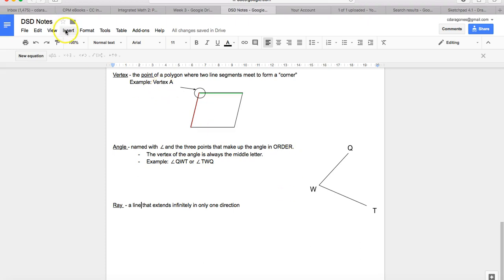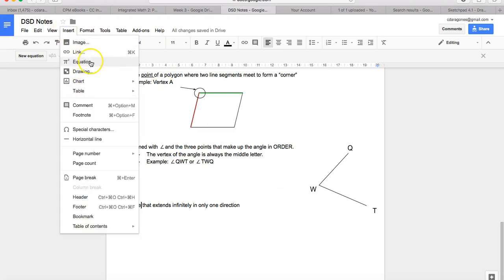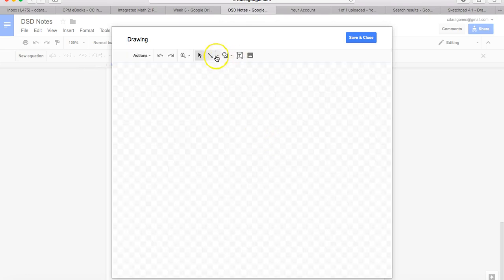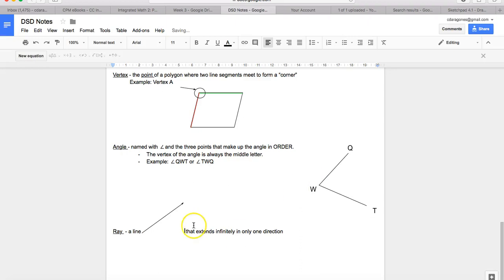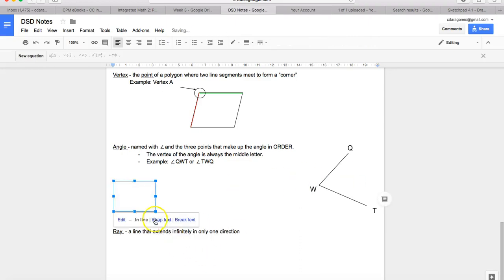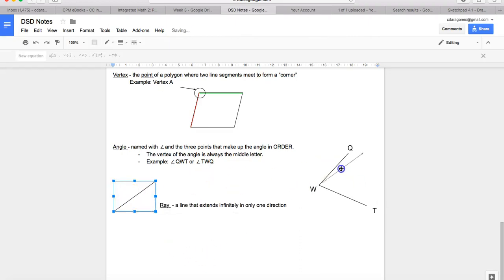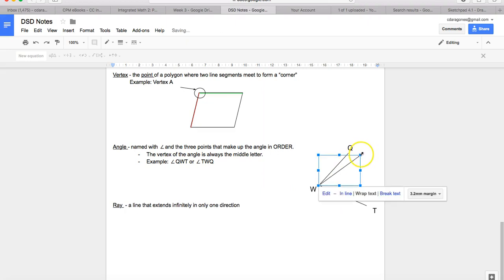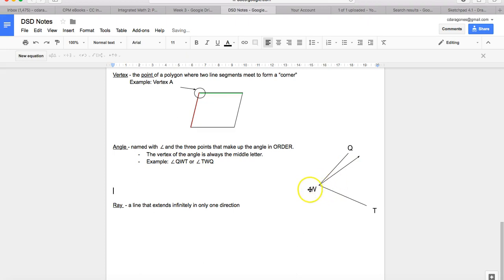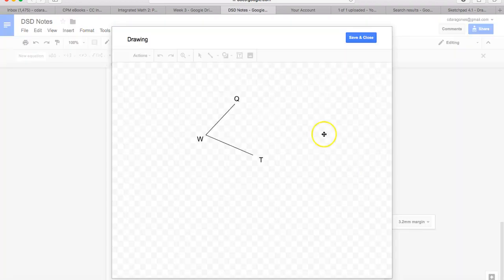So for example, I'm going to put a ray right here. And again, rays are named with 2 letters. So let's say I have a ray right here. As you can see, it starts at W and then goes on to infinity this way, but it stops at W, right? It doesn't go in the other direction. It just goes in one direction. So rays are also named with 2 letters.